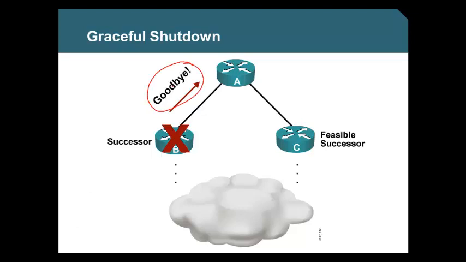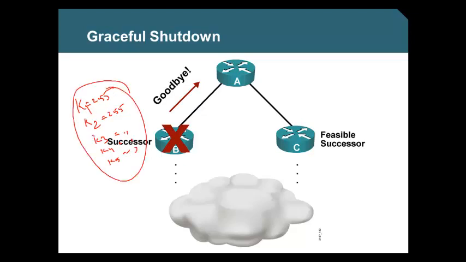What is that goodbye then? How does A know that it is a goodbye message? When all the K values of the packet are 255. When all the K values are 255, a router will know that we should not use it because of the bad metric.